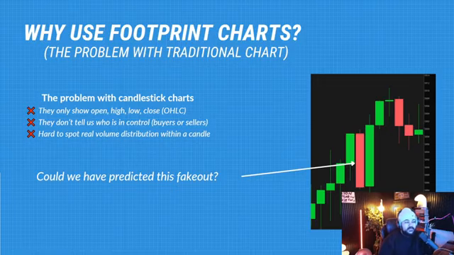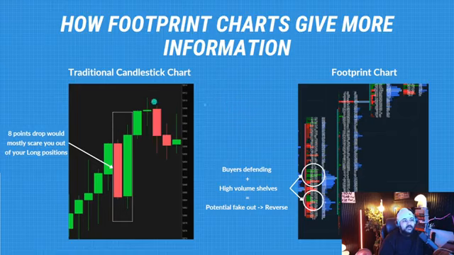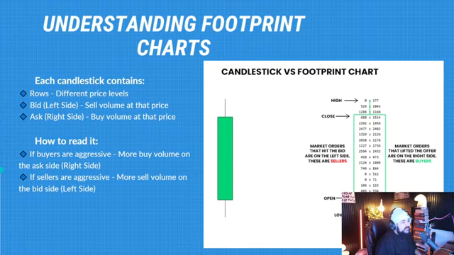They don't tell us who's in control, buyers or sellers, and it's hard to spot real volume distribution within a candle. So could you have predicted this fake out? No, but with the footprint chart, you are able to see the buyers defending high volume shelves and a potential fake out of a reversal. Whereas on a traditional candlestick, you'll be seeing an 8-point drop where you get scared out of your long positions, and footprint charts help alleviate that stress.